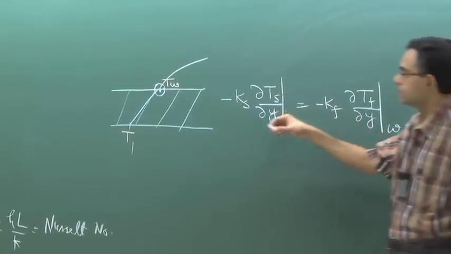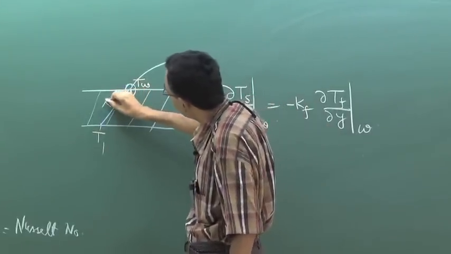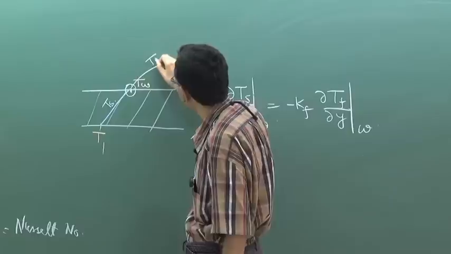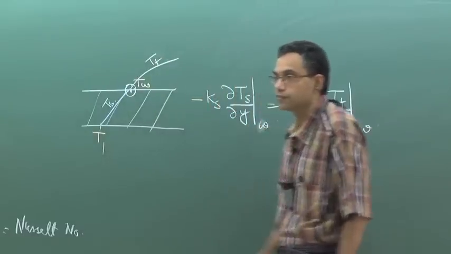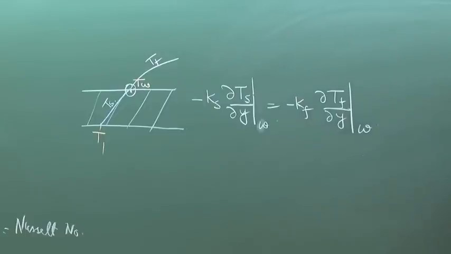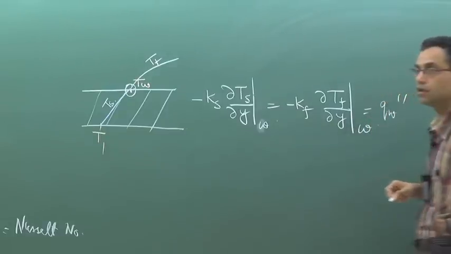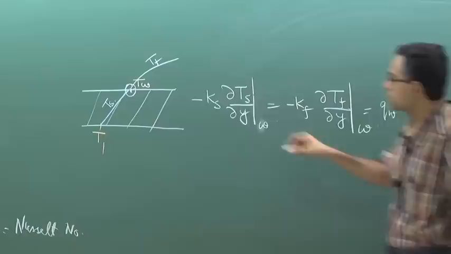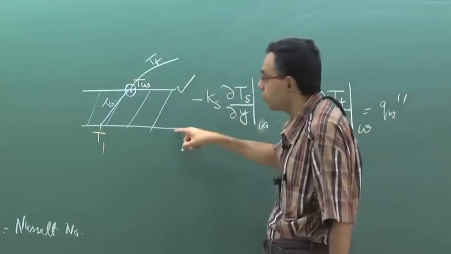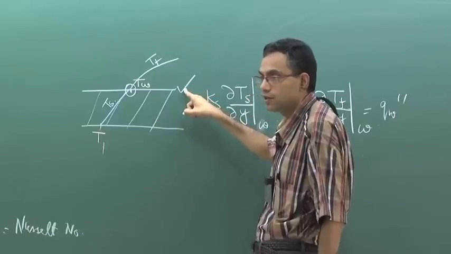This is the rate at which this temperature profile, this is Ts, and this temperature profile is Ts. So this is equal to the heat flux at the wall. Wall means interface, not the bottom at this location.